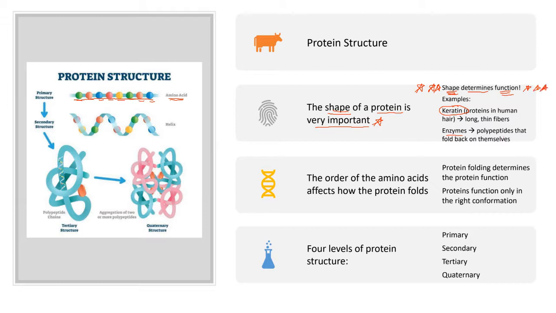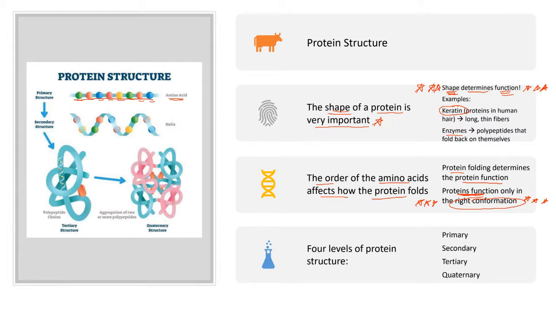Okay. All right. So the order of amino acids is going to affect how the protein folds, right? Protein folding is going to determine the function of this protein. And this is another three-star concept: proteins can only function if in the right conformation. It has to have the right conformation to have the specific function.